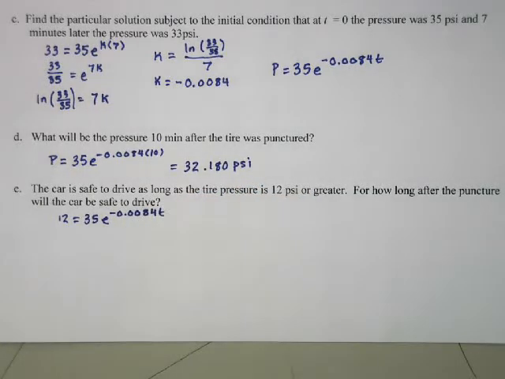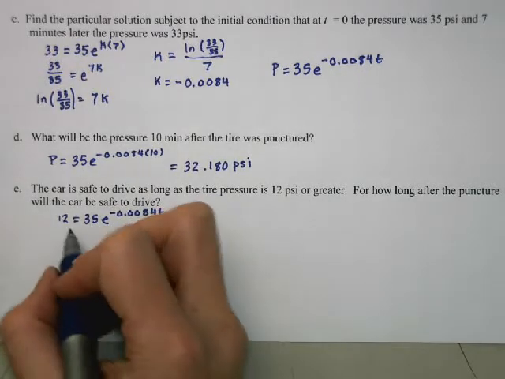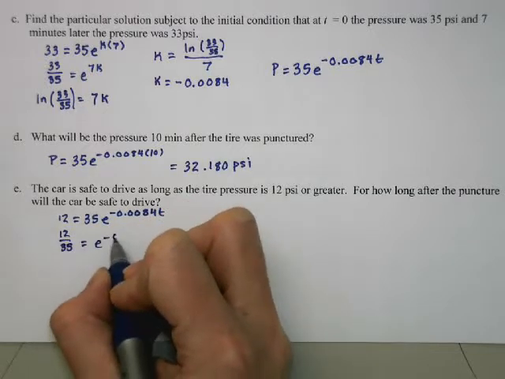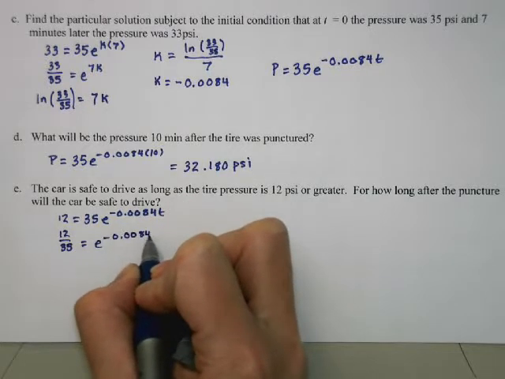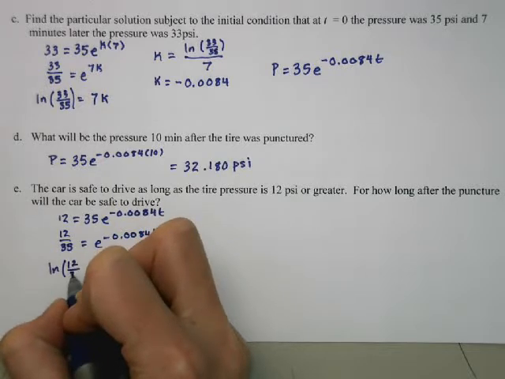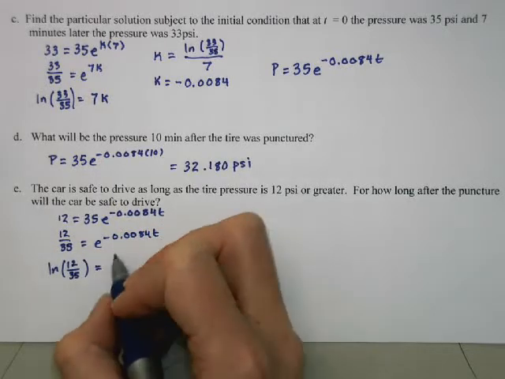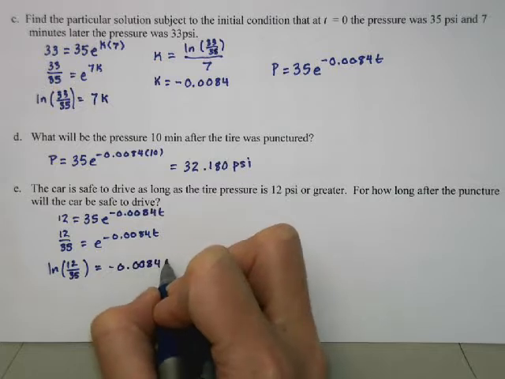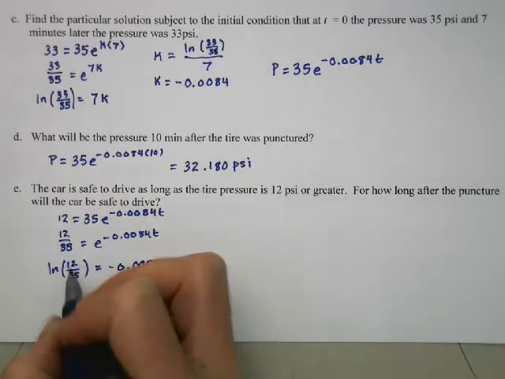Okay, and this is just an exponential equation that you've been solving really since Algebra 2. So we're going to divide, take the natural log, and then our last step is to divide.